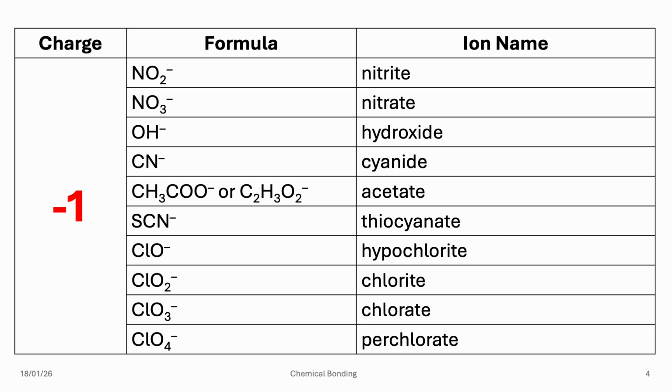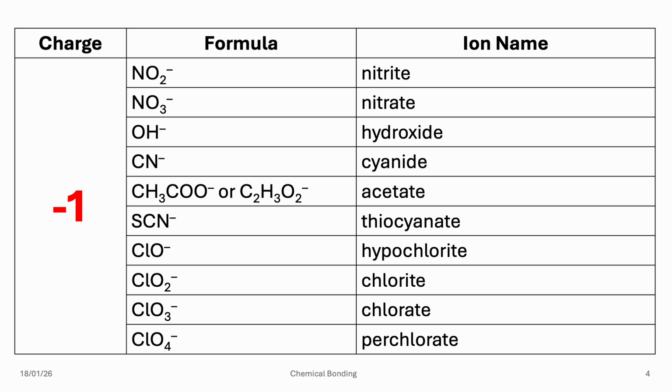Okay, the first one is NO2-, called nitrite. NO3- is called nitrate. OH- is called hydroxide. CN-, we call it cyanide. CH3COO-, or C2H3O2-, is called acetate or ethanoate.